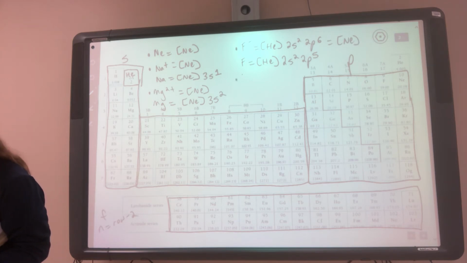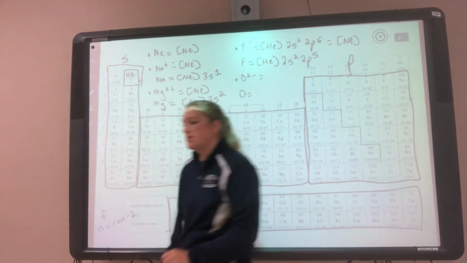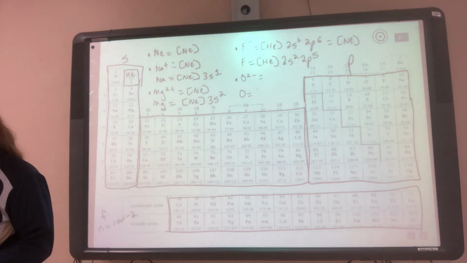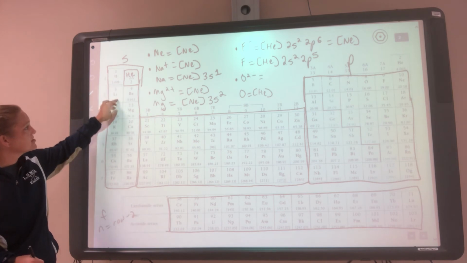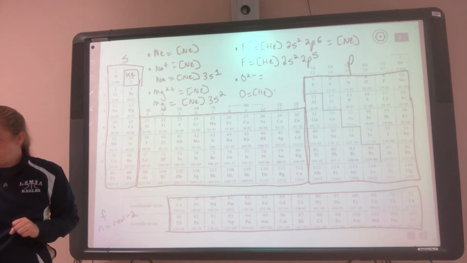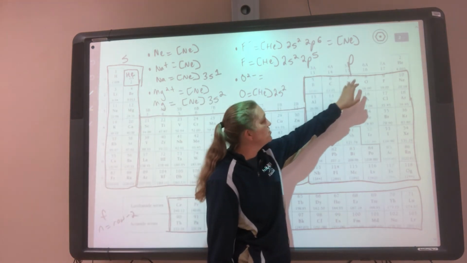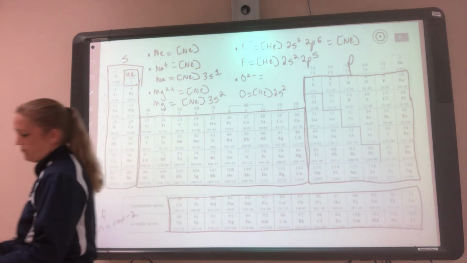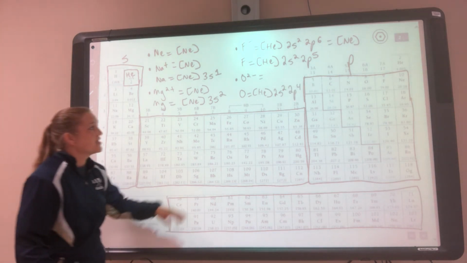All right, our last one was O2-. If I want to do O2-, I have to do O. So here's oxygen, noble gas is helium. And then I come over here, 2s2. And then over here, 2p, 1, 2, 3, and 4. So that's the neutral.